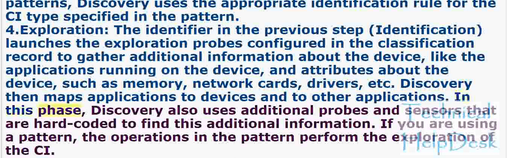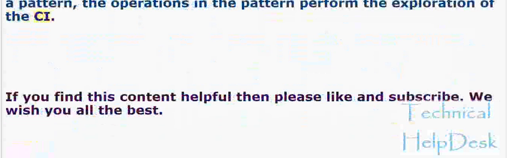In this phase, Discovery also uses additional probes and sensors that are hard-coded to find this additional information. If you are using a pattern, the operations in the pattern perform the exploration of the CI.